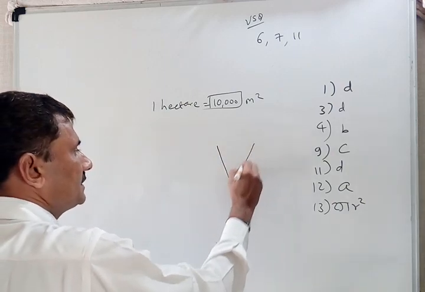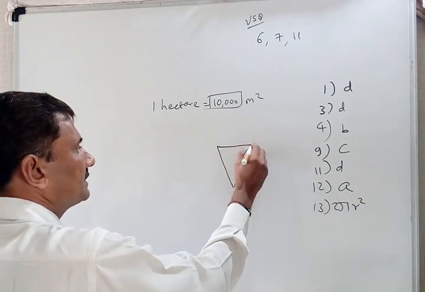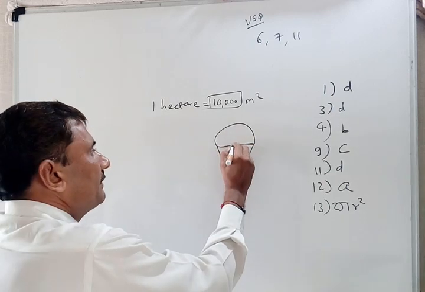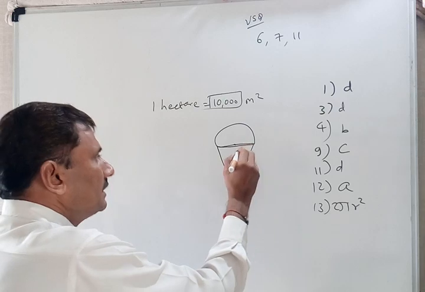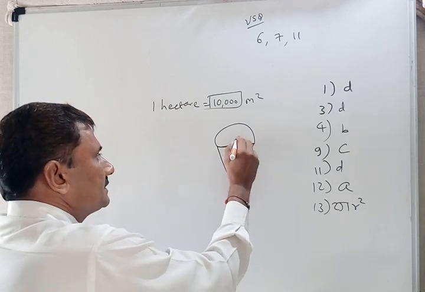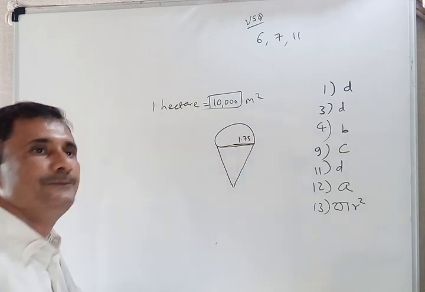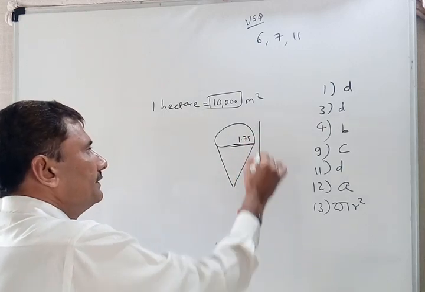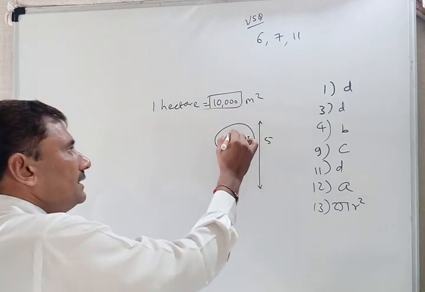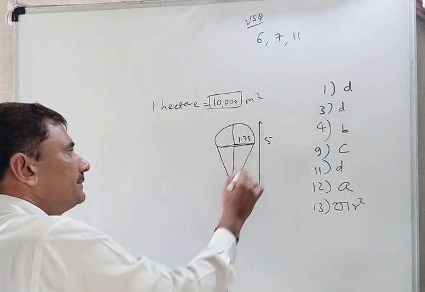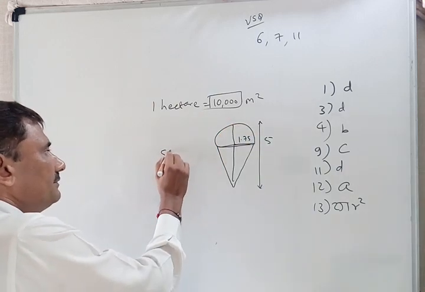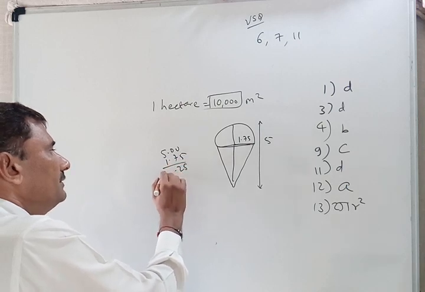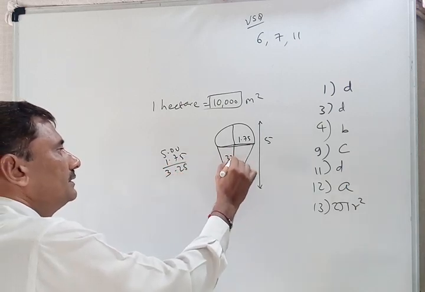I just concentrate on finding the slant height. 3.5 is given here in total, so half of it will be 1.75, and the height is given as total 5. If you subtract 5 minus 1.75, it becomes 3.25.